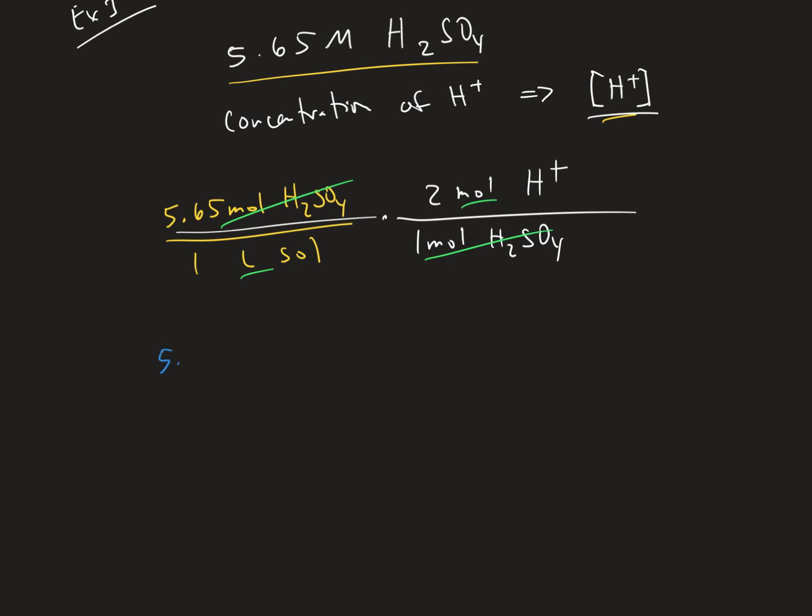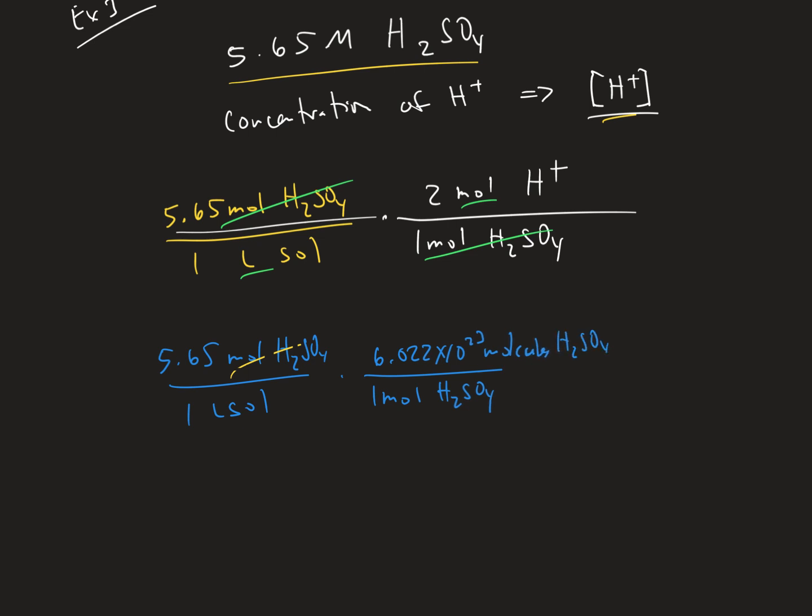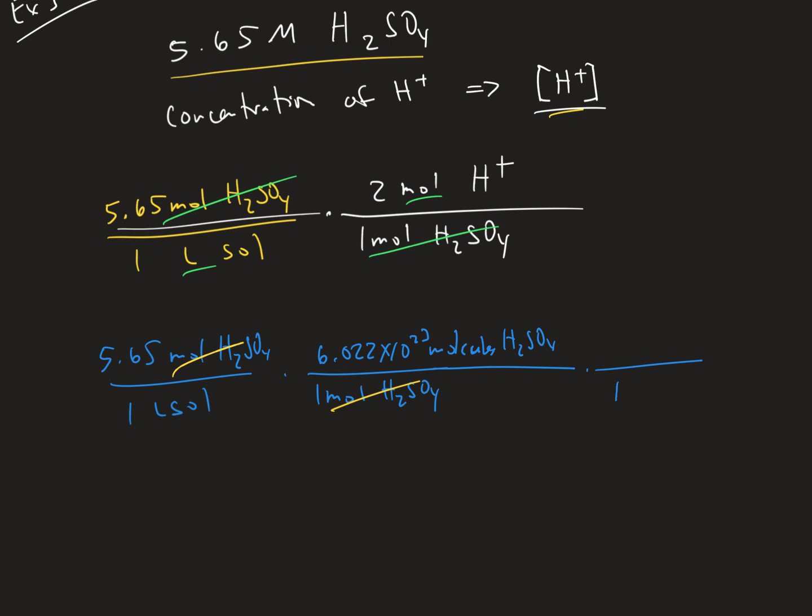So if I have 5.65 moles of H2SO4 to 1 liter of solution, then for every 1 mole of H2SO4, we have 6.022 times 10 to the 23 molecules of H2SO4. Good so far? Okay. And then if we have 1 molecule of H2SO4, how many hydrogen ions do I have?